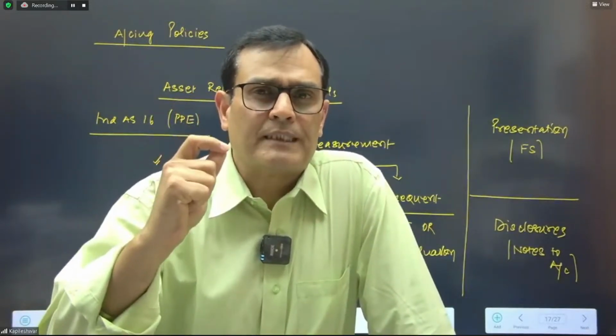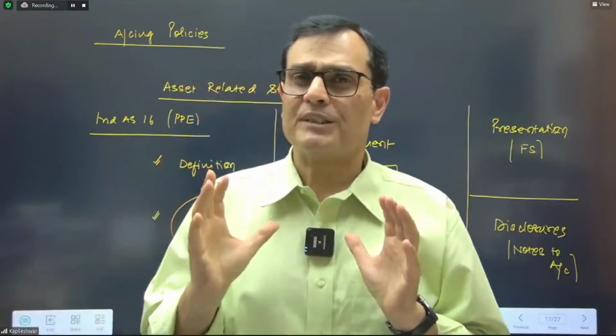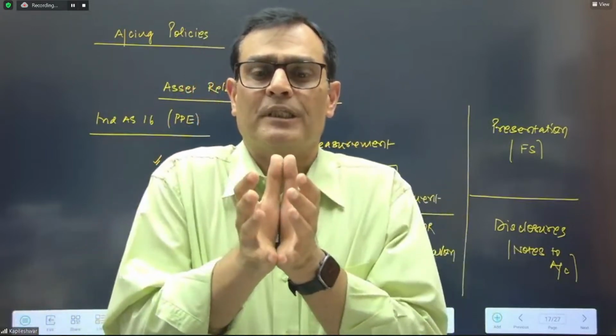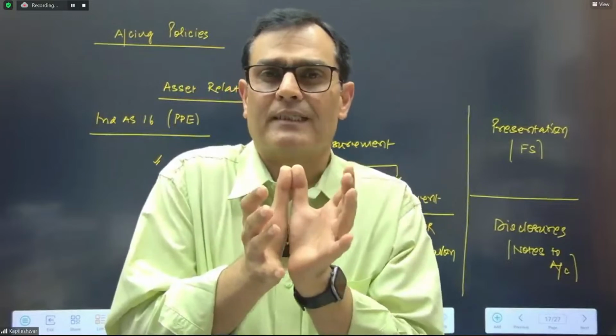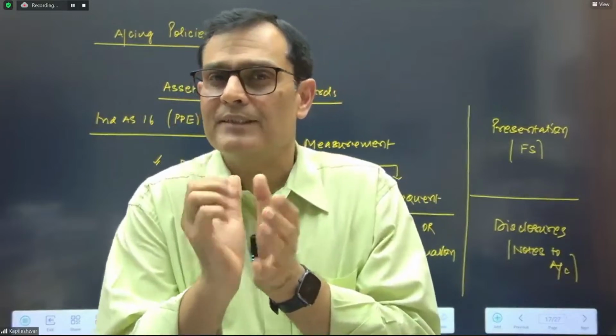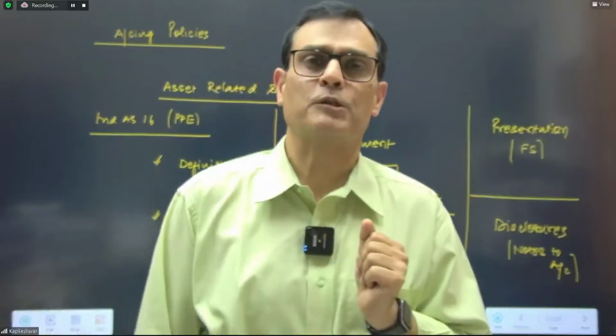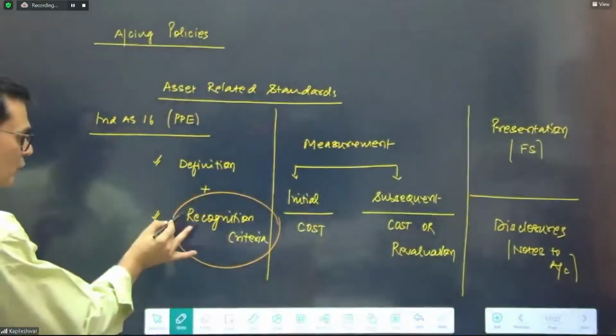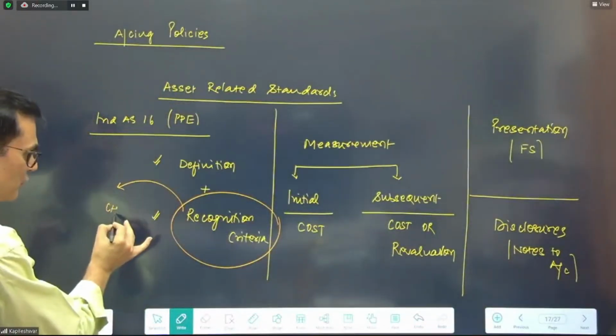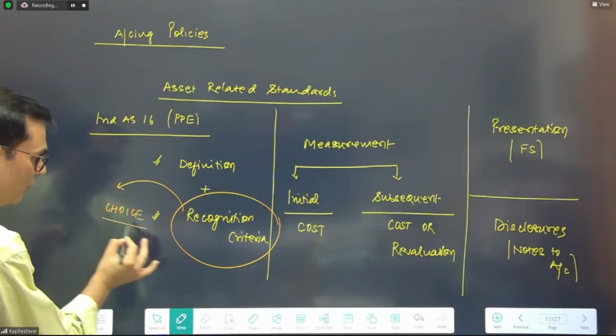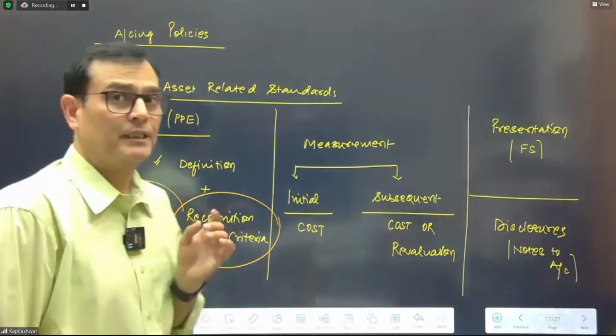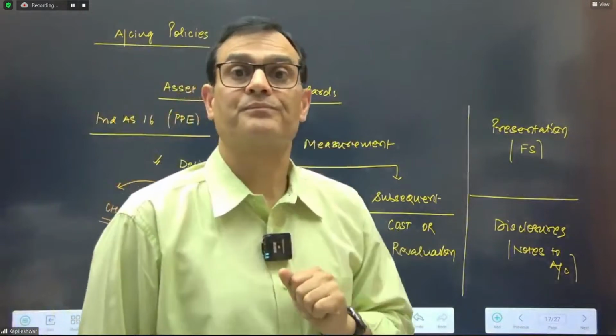If a company gets a choice in the recognition area, you say, okay, I'm going to recognize it as an asset, or I'm not going to recognize it as an asset, but treat it as a revenue expenditure. So when you get a choice in the recognition area, it is an accounting policy.